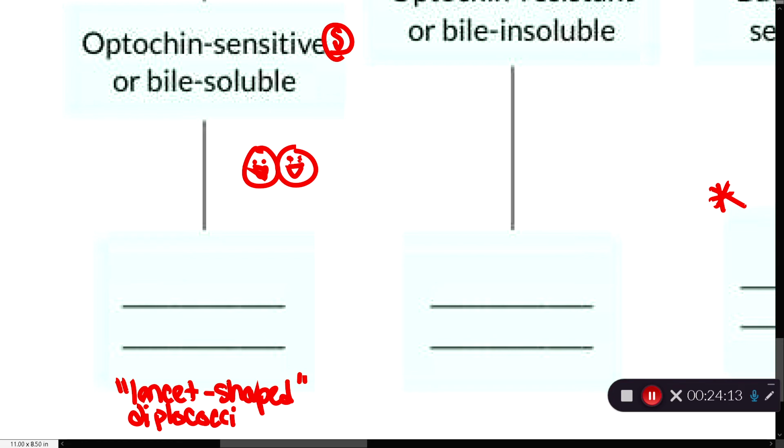This is going to be, and it's also got an extremely prominent polysaccharide capsule. And so no capsule, no virulence. That's its most important virulence factor.